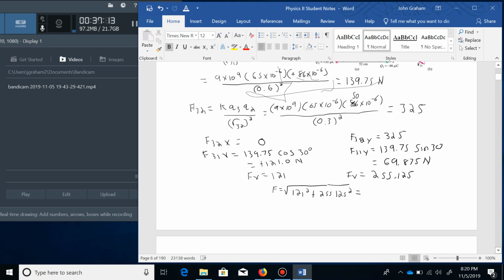And we get 282.4. And then the angle is equal to the inverse tangent of our y, which is 255.125, over our x, which is 121. And we should get an angle of 64.6 degrees.